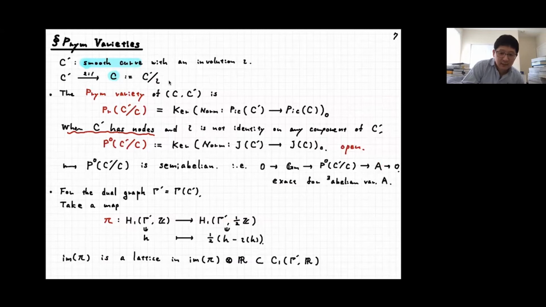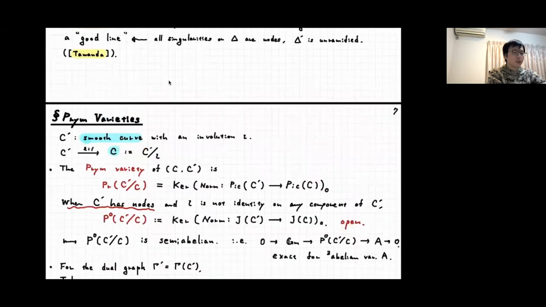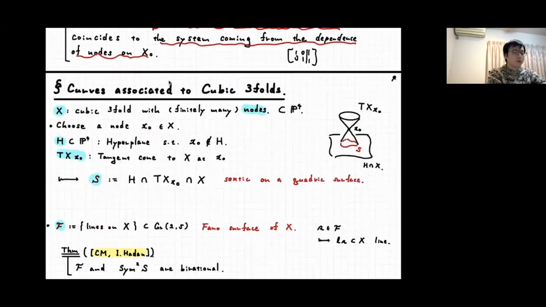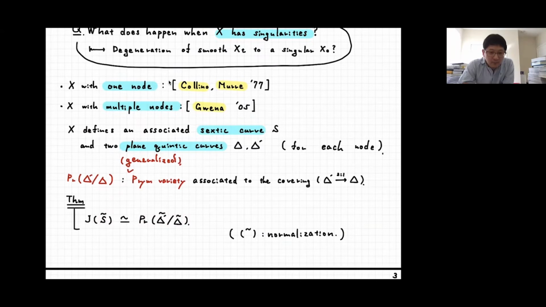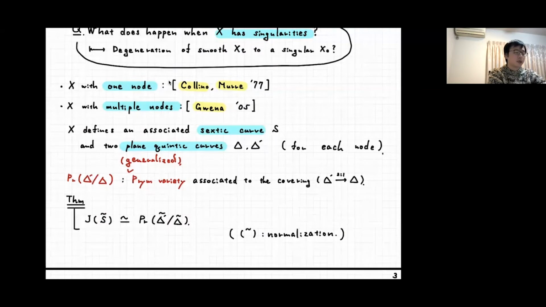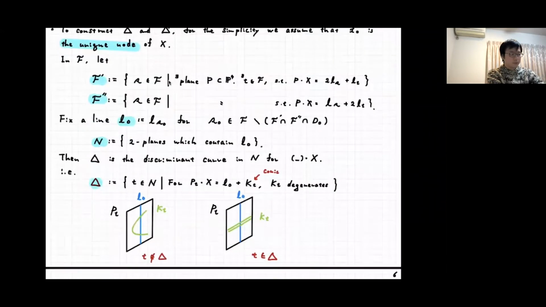I see. In fact, sorry, I want to go back a little bit. The theorem which I have introduced here, the Prym variety we are thinking of is for a normalization, so it is not related to the nodal curve case. As another approach, here the authors are thinking of the generalized Prym variety starting from nodal curves. I see. Thank you.